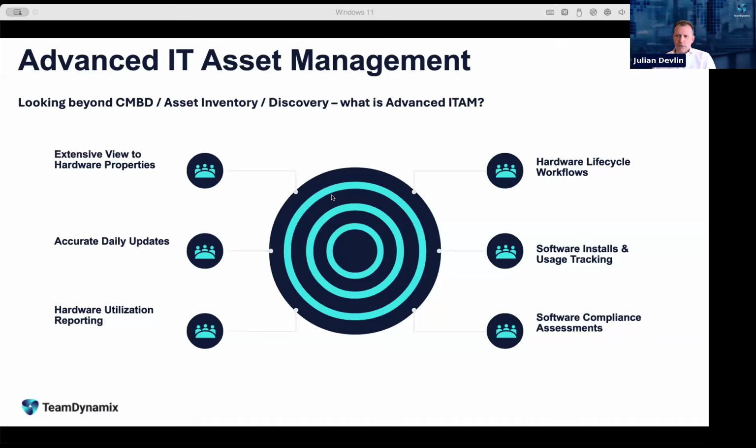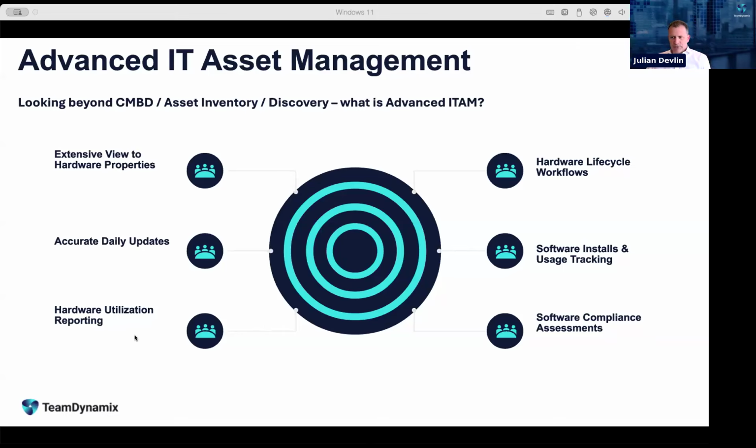So you need to be able to capture things like changes in RAM, disk that's getting full, a view into whether you intended to have a computer be used by a certain user, and then it turns out that other people are using it. All of those are changes in the environment that are normal, that happen within hardware environments, but you want to know about them.